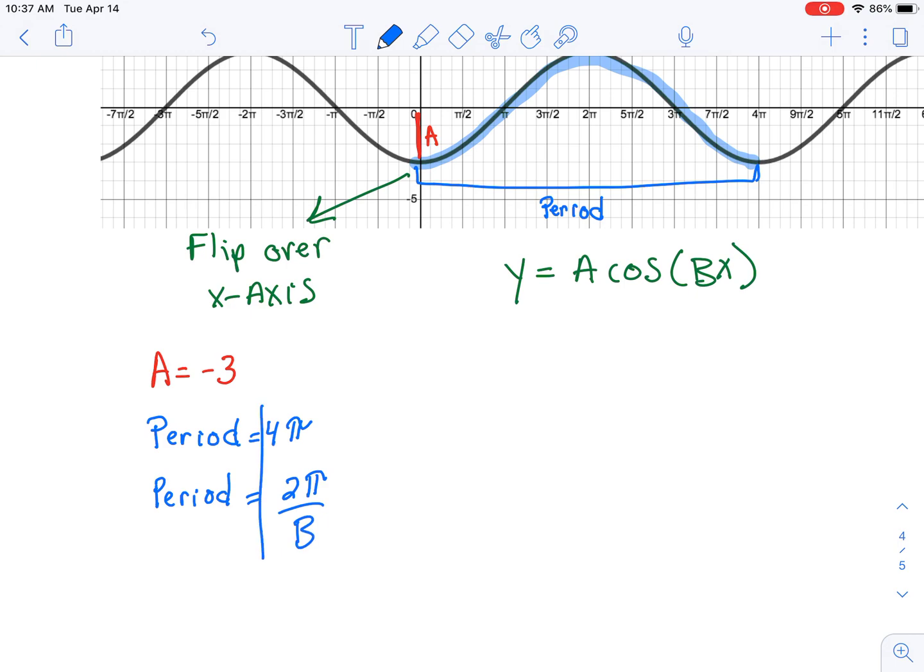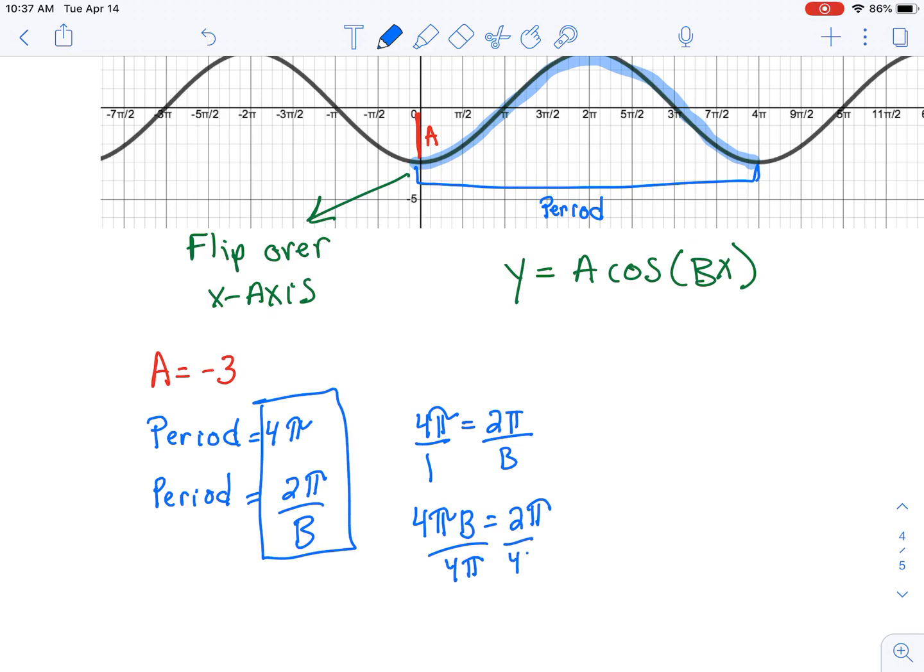So if I set these two equal to each other, I can figure out what b is. So I'm going to back into b. I say 4 pi is equal to 2 pi over b, and I can cross multiply. I write it like this: 4 pi b is equal to 2 pi, divide by 4 pi, and I get b is equal to 1/2.